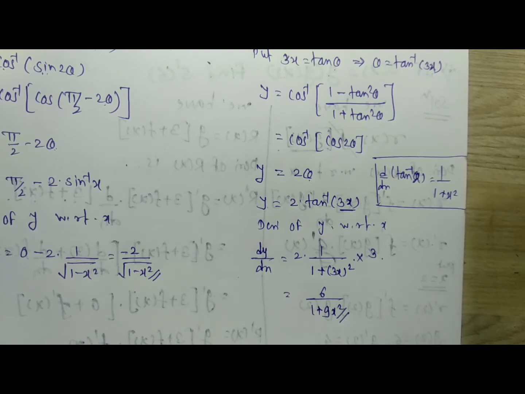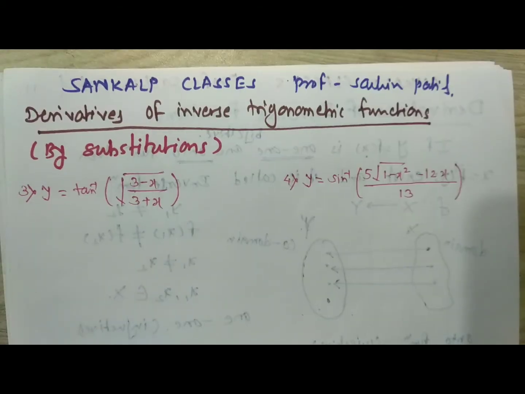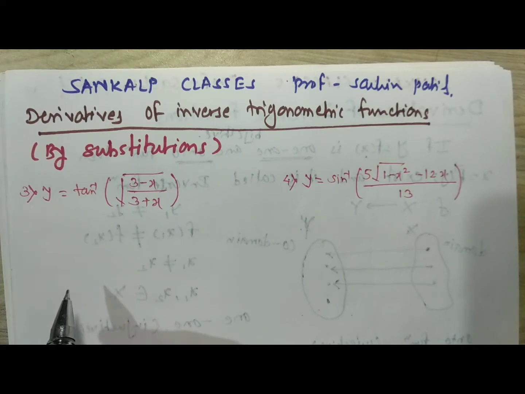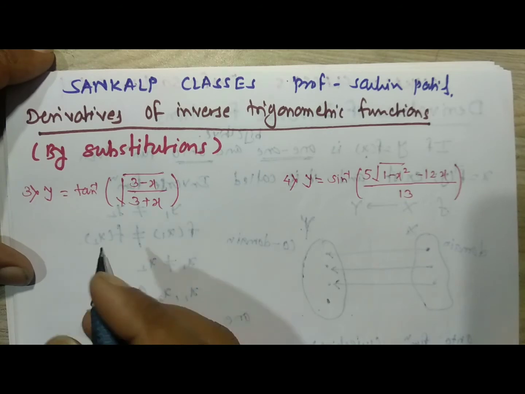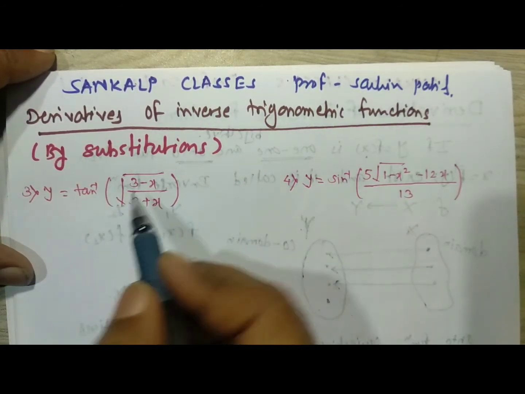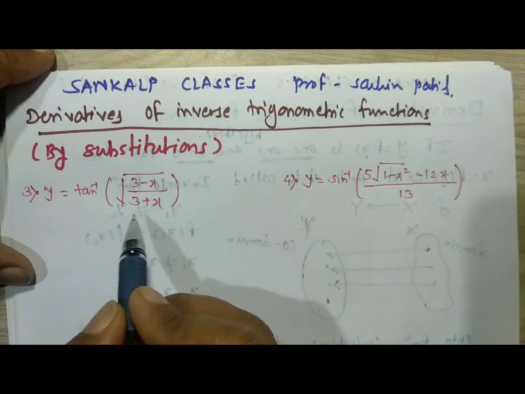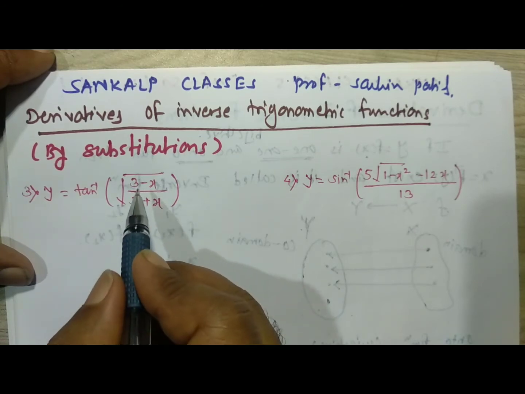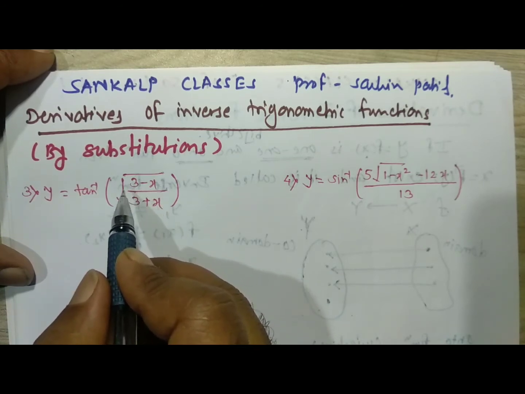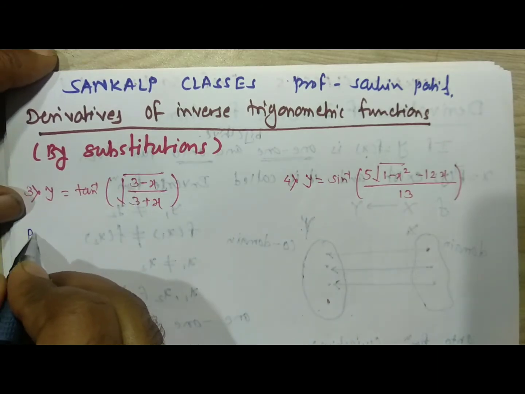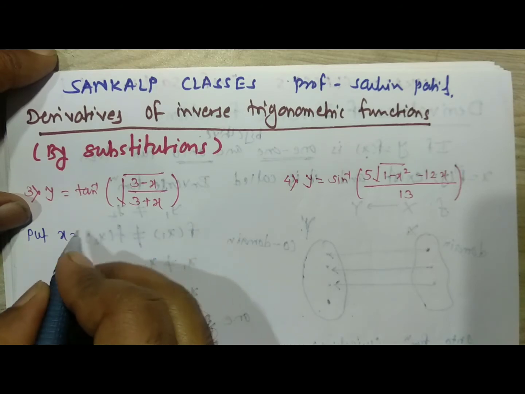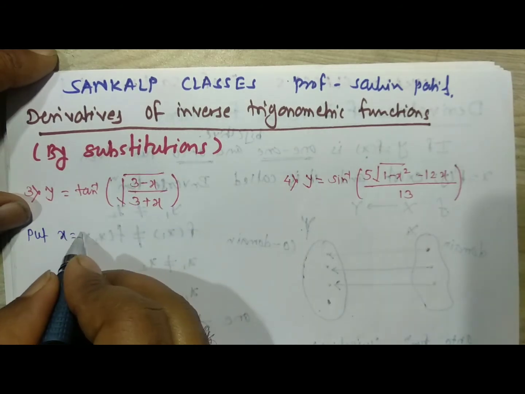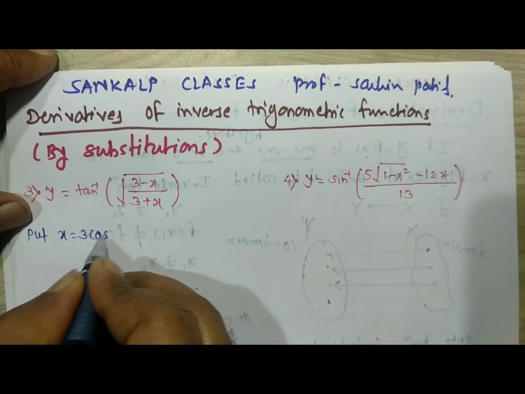Right, now we are going with the next example. This is another example of the derivative using a particular substitution. It is similar to the form a minus x divided by a plus x, where a is nothing but 3 here, and therefore we put x is equal to a cos 2 theta, that means 3 cos 2 theta.